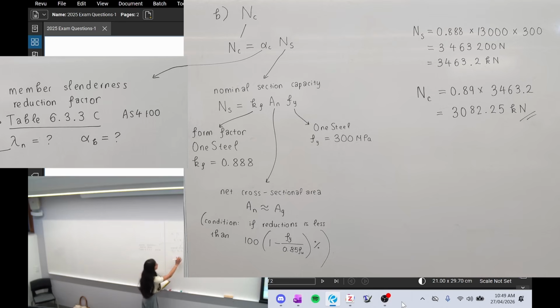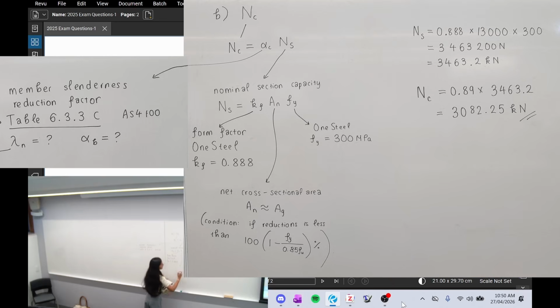So for the nominal section capacity, we need KF. So KF is called the form factor. And this is another one that you can get from OneSteel. So if you look up your section 610 UB 101, you get the form factor as KF equals 0.888.